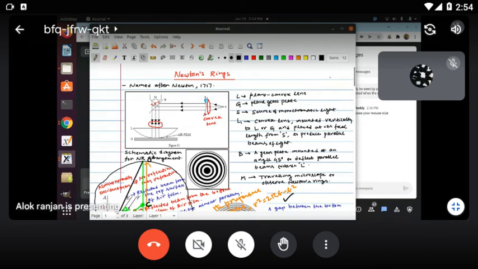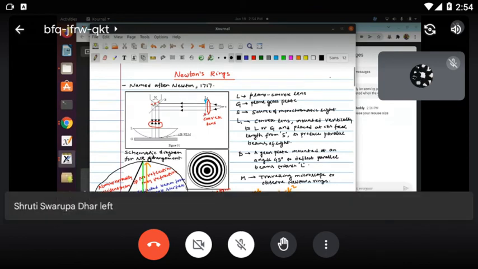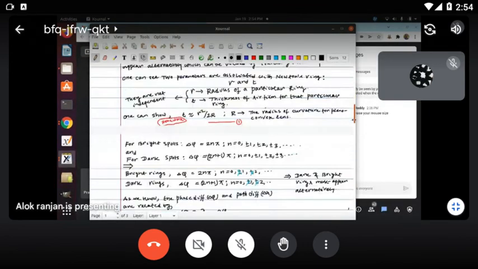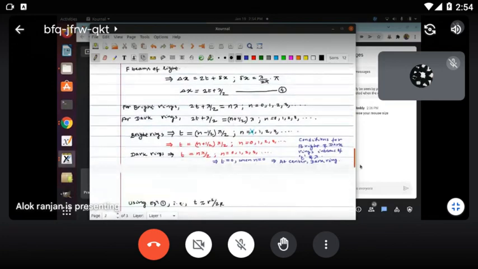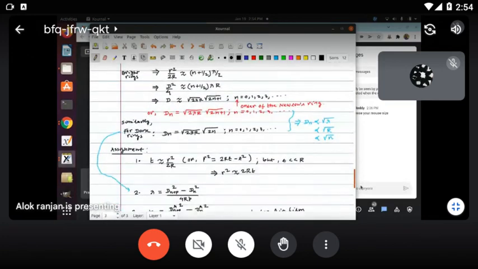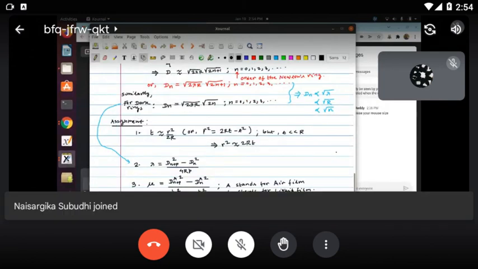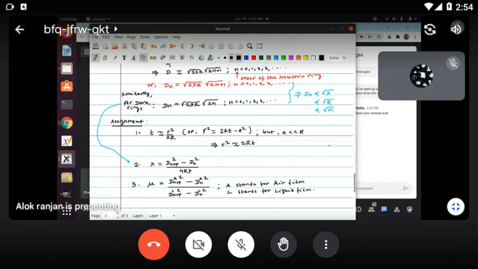Are you able to hear me? Yes or no? The diameter will decrease. Yes, it will decrease, but why? Why will the diameter decrease?